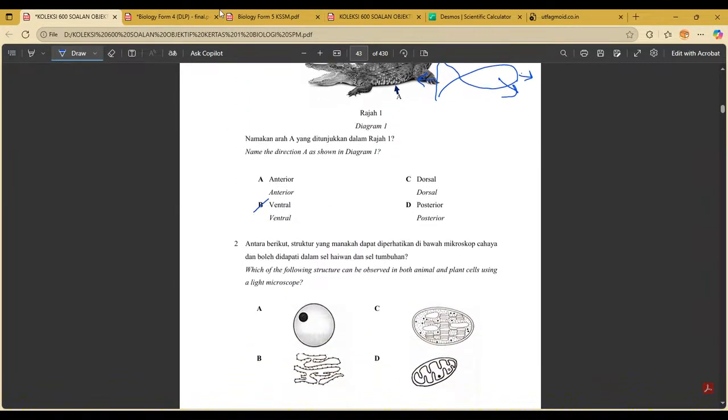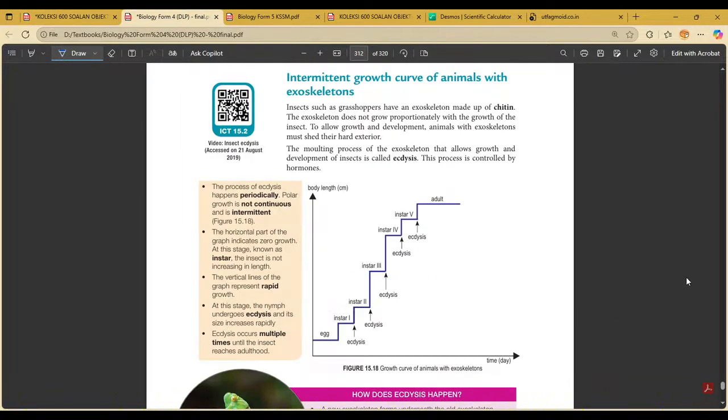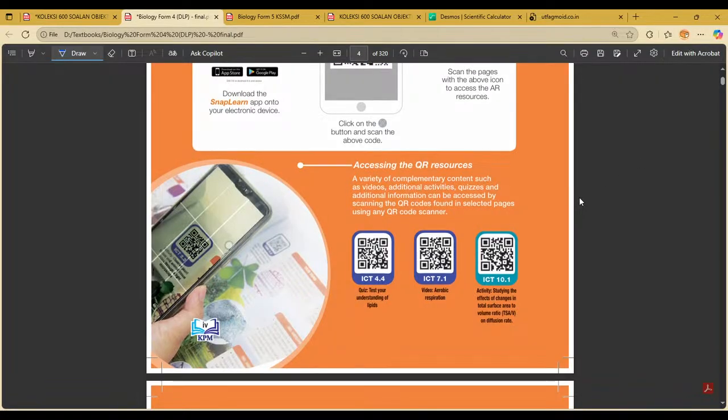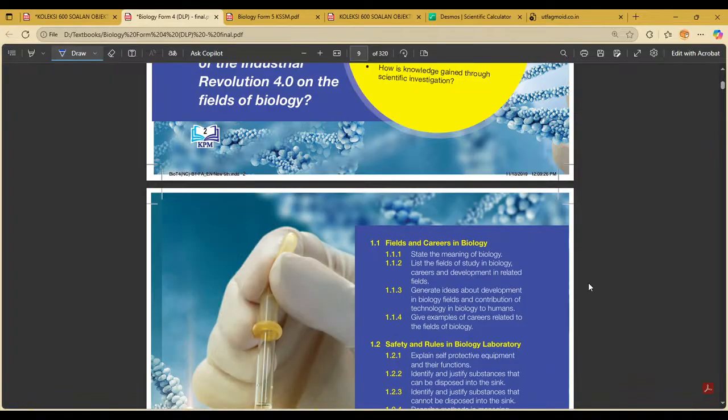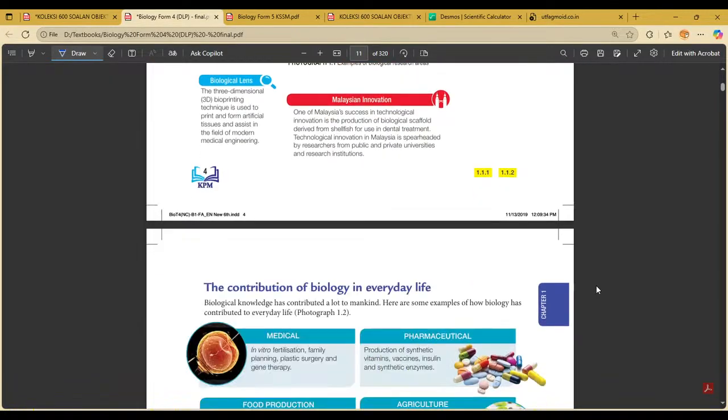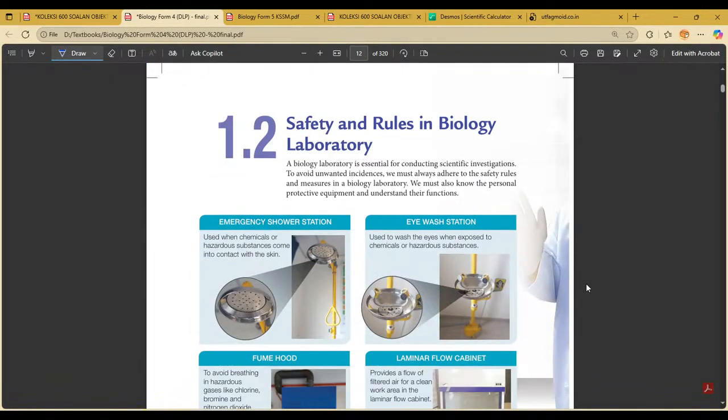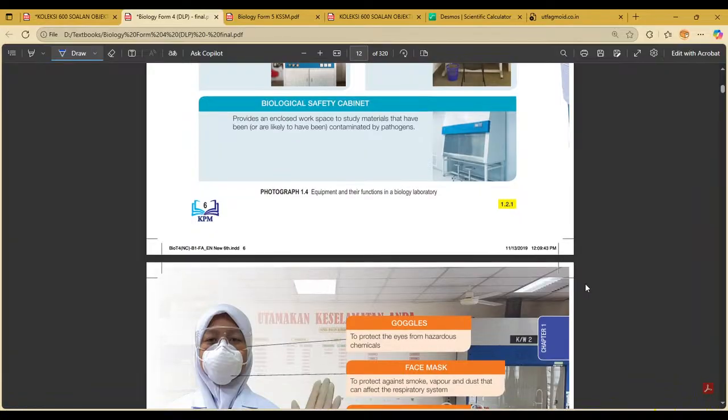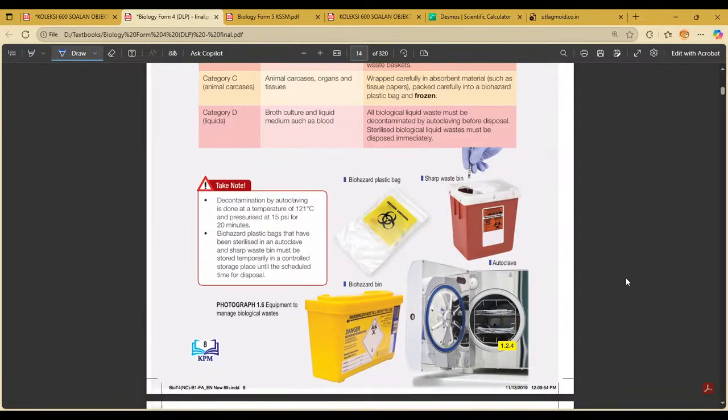I don't really remember directions. I just remember that fish have dorsal fins on their top. That's why I use a fish as the example. I think the posterior is in front, I guess. Front and back.